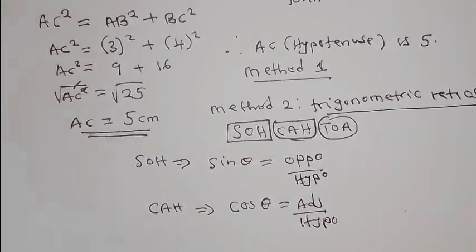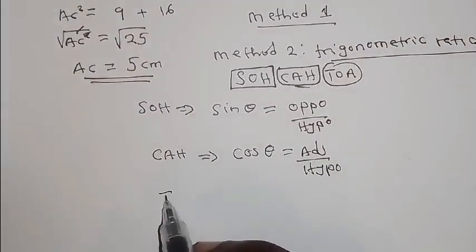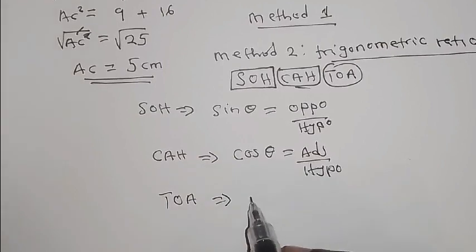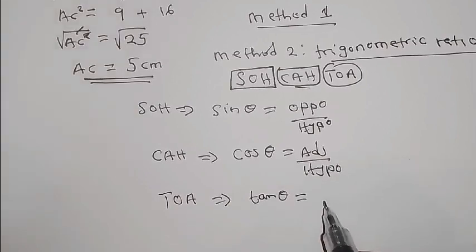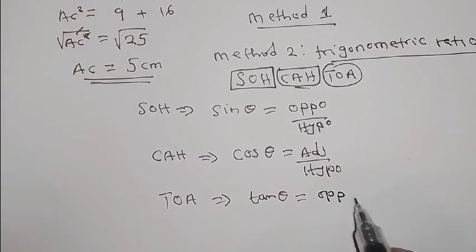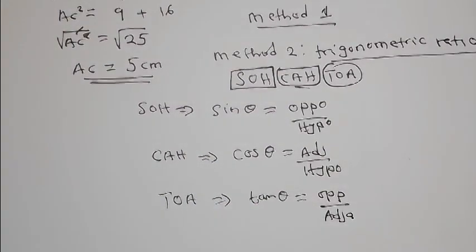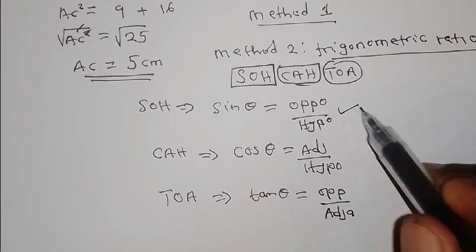And the last one, which is TOA, is tan theta equal to the opposite over the adjacent. So from this point onward, we have these 3.